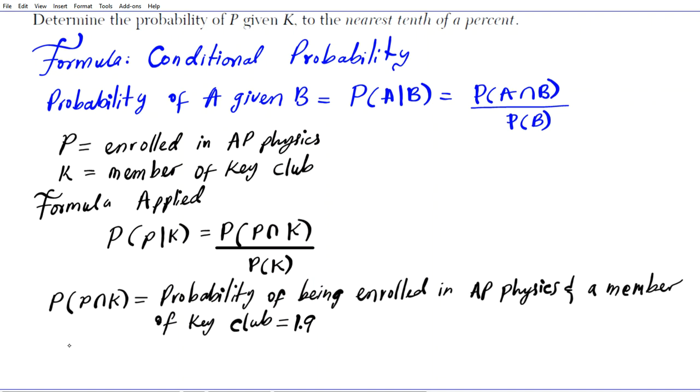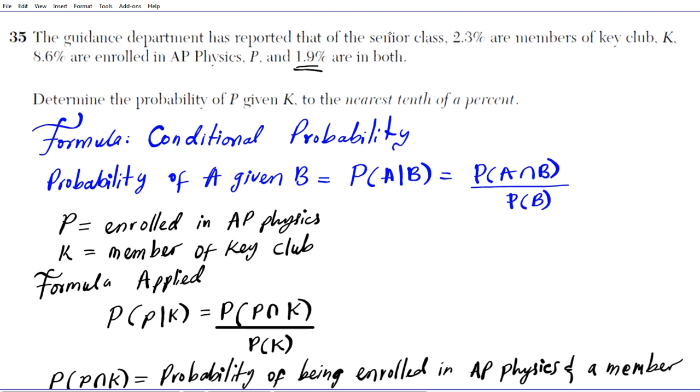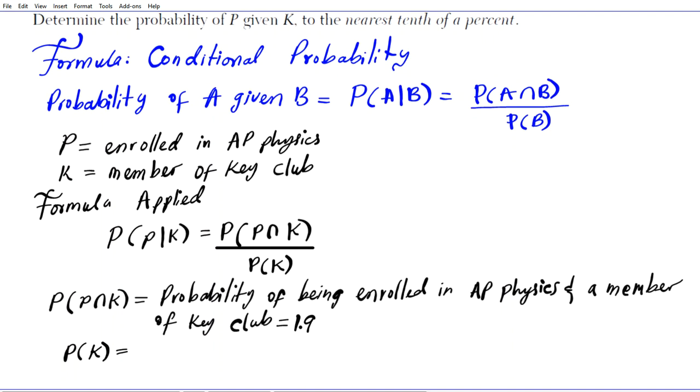How about the probability of being a member of Key Club? The probability of being a member of Key Club is 2.3%. 2.3% are members of Key Club, so the probability of a student being a member of Key Club is 2.3%.